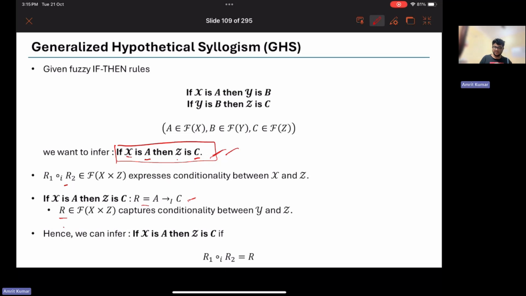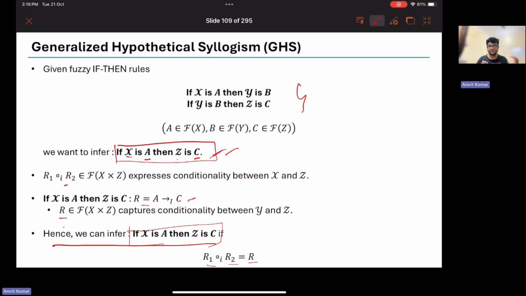So we say that from these two fuzzy if-then rules, one can infer the fuzzy if-then rule, if X is A then Z is C, if and only if R1 composed with R2 is equal to R, where R1 is derived from the first fuzzy if-then rule, and R2 is derived from the second fuzzy if-then rule.